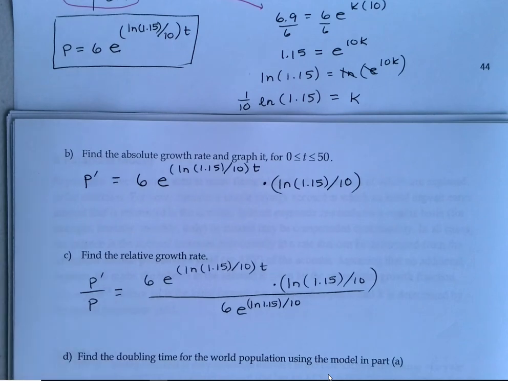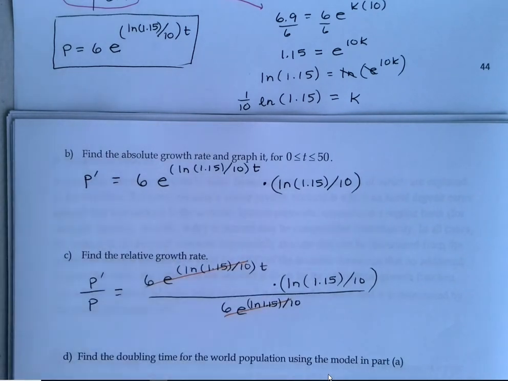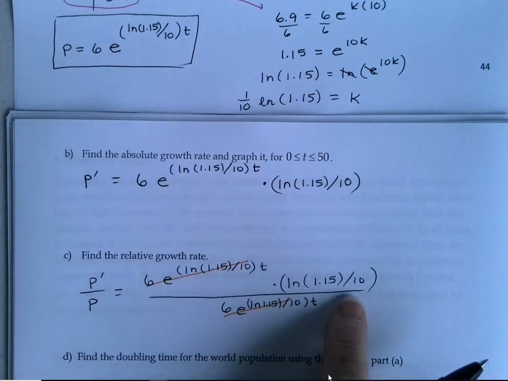And that's going to allow me to divide out all of this with all of that. Oops, missed a t here, sorry. And so I end up with just this.